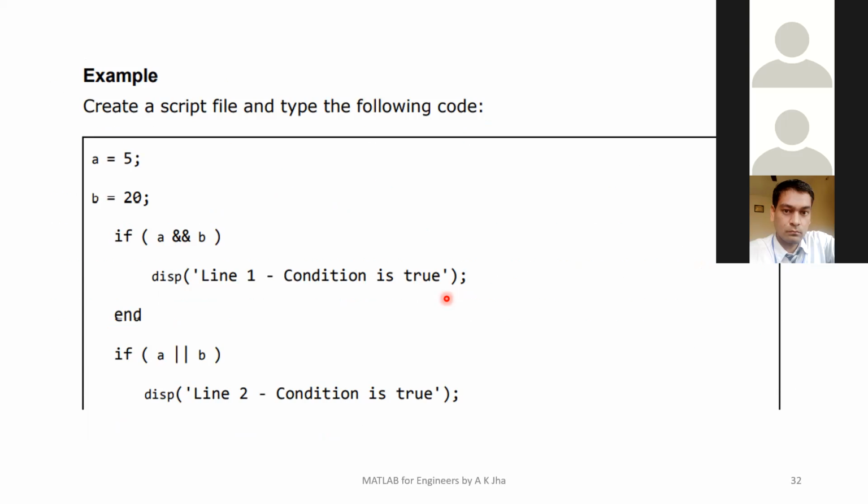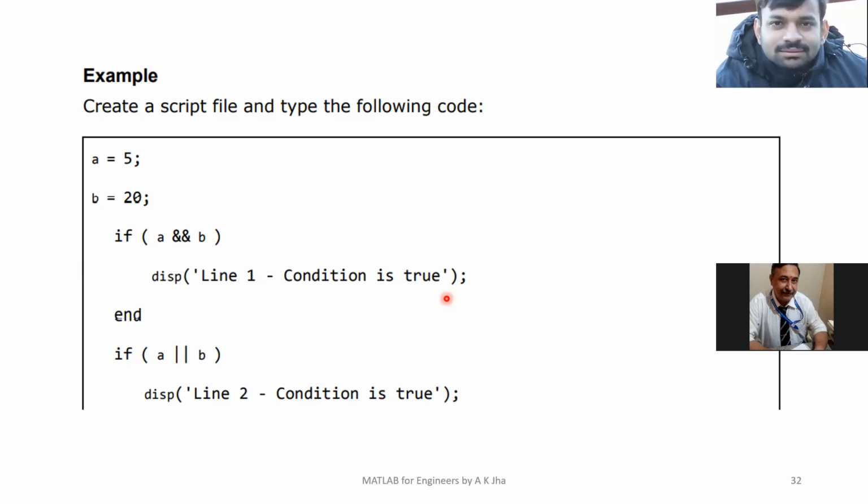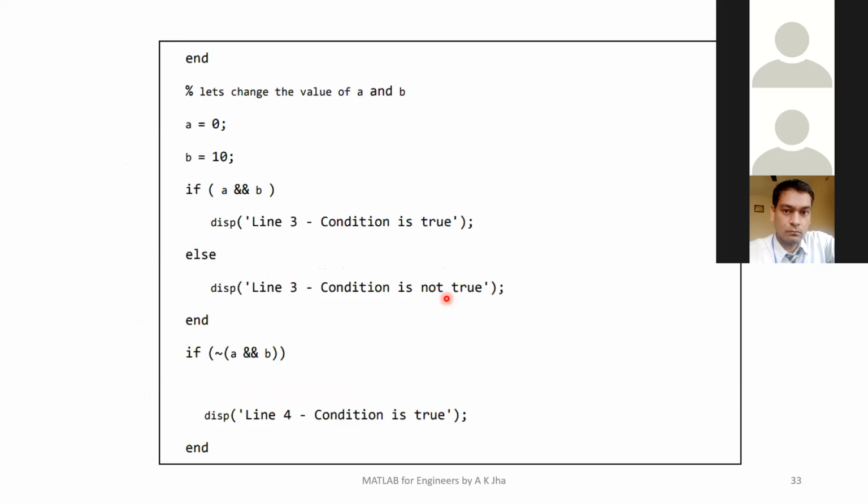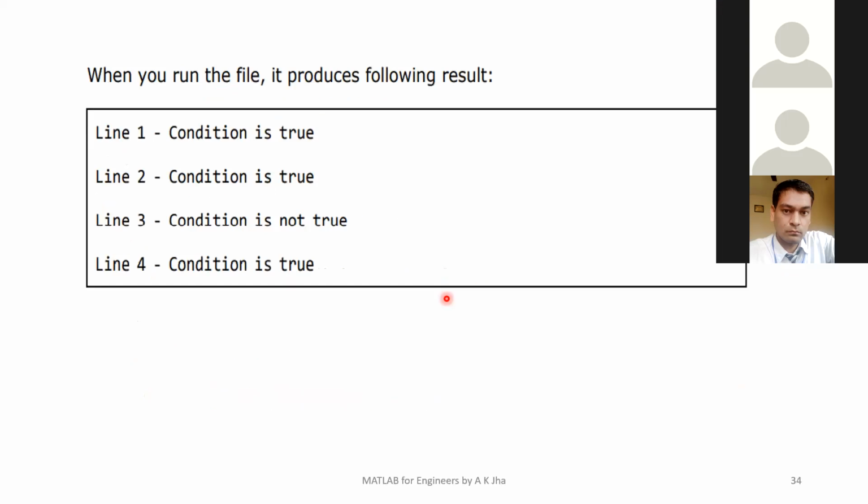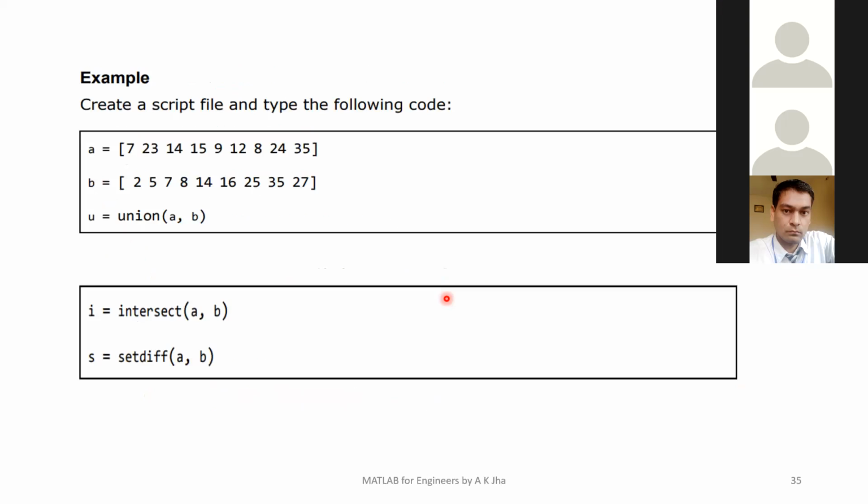You can give certain conditions. In programming, we also use loops, and for that we need to provide conditions. In that case, you will be using these logical operators. So line 1, line 2, line 3, line 4 are the output of that script.